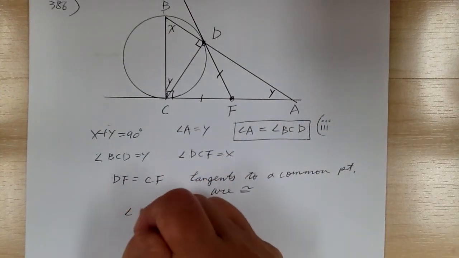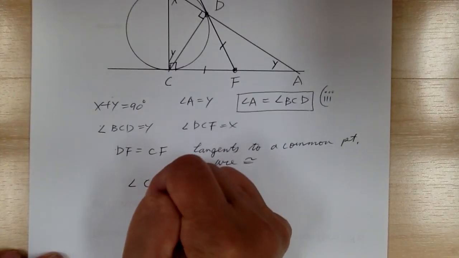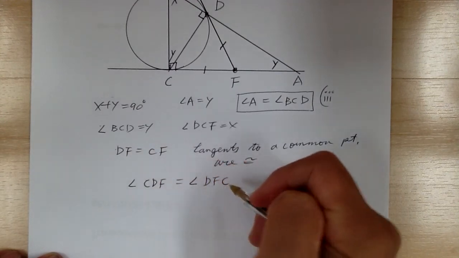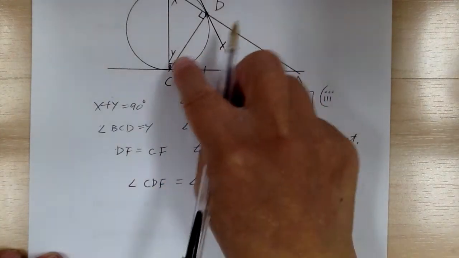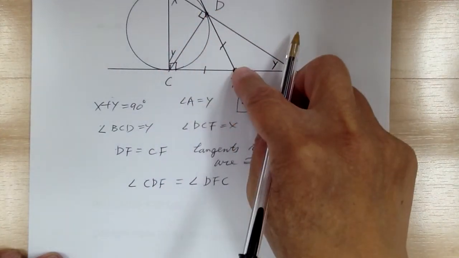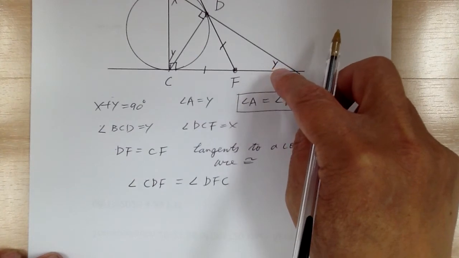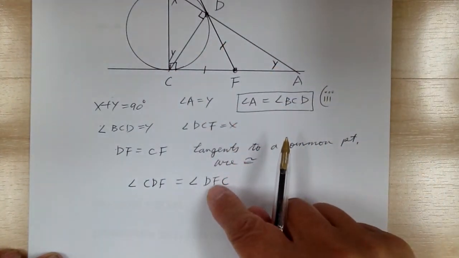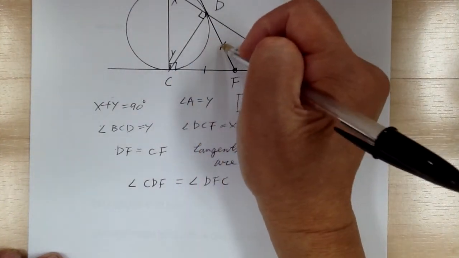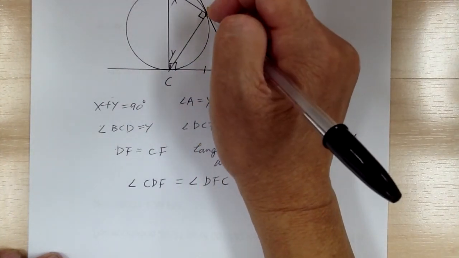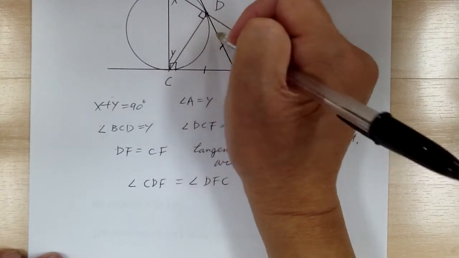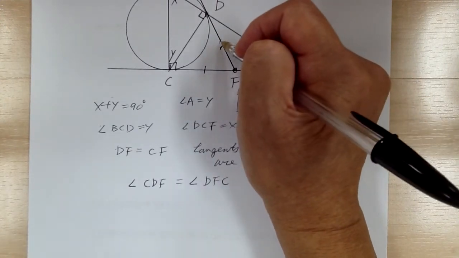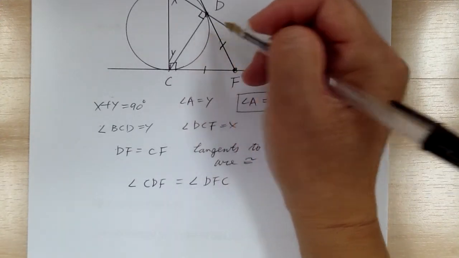Therefore angle CDF is equal to angle DFC, and the reason is the isosceles triangle theorem.